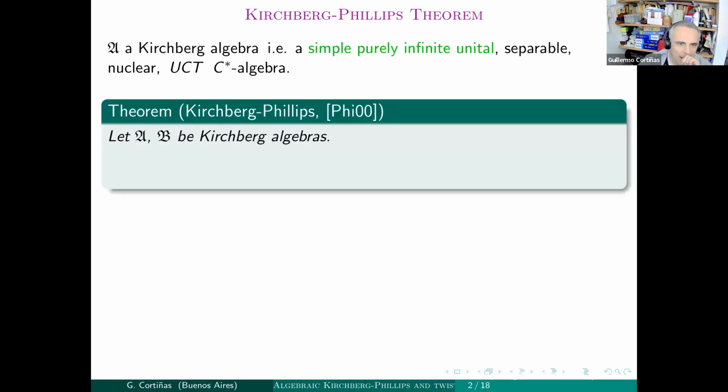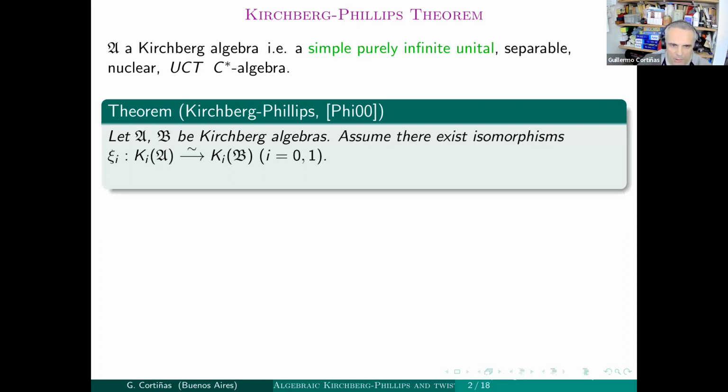The theorem by Kirchberg and Phillips says that if you have two Kirchberg algebras, A and B, and there are isomorphisms between the K-theory groups, one for K0 and one for K1, then the algebras are Morita equivalent.